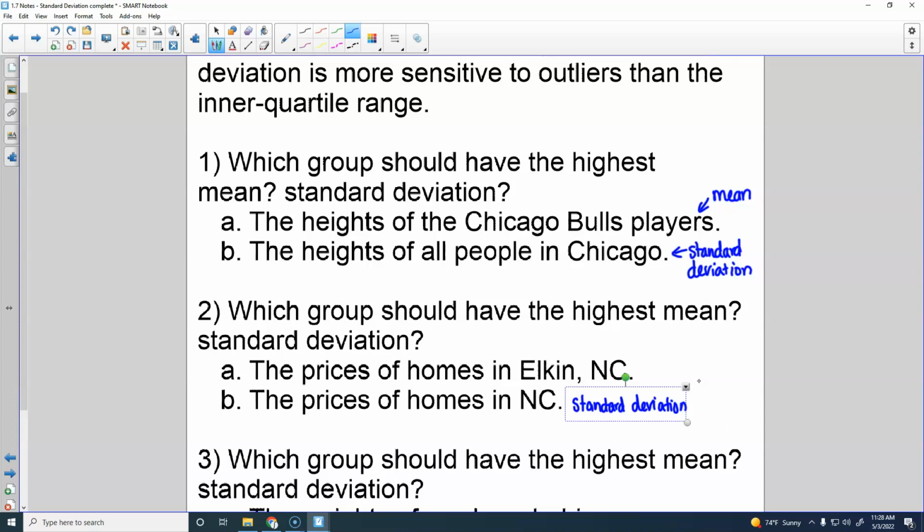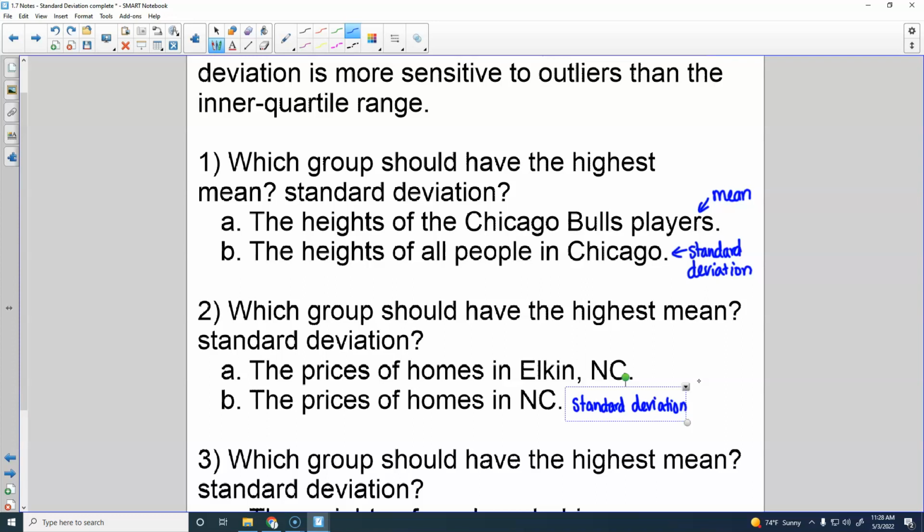Now, this is not a significantly poor area. It's also not like, if instead of Elkin I change this to Lake Norman, I wouldn't even do Charlotte, because Charlotte would also include poorer areas of Charlotte.